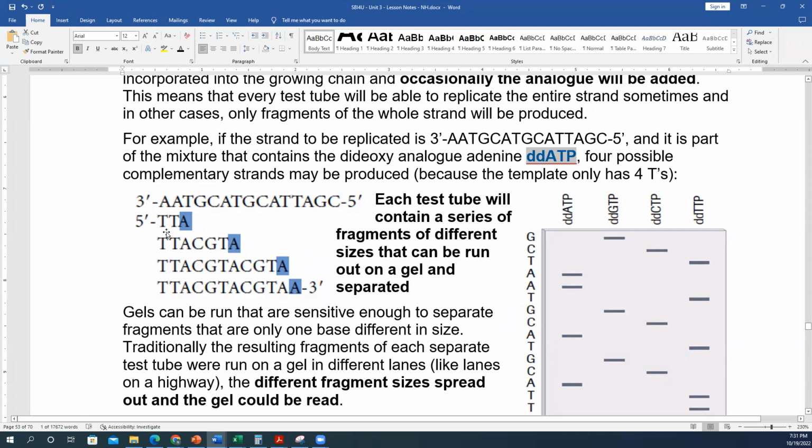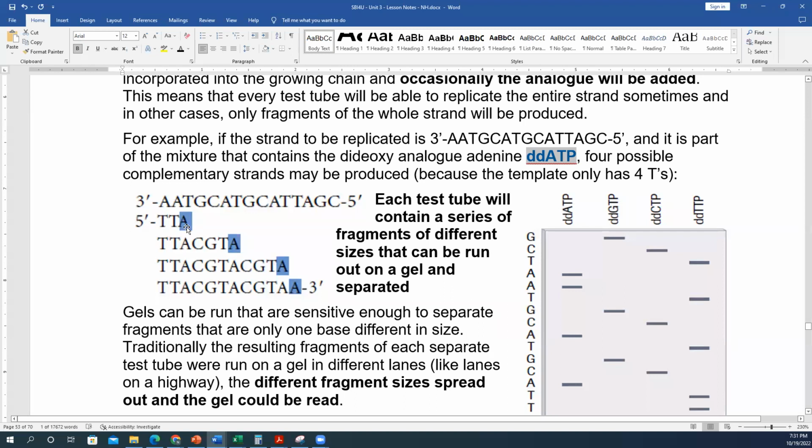If DNA polymerase comes and binds and starts to copy, it will copy using T, and at this T it'll add an A. If it adds a regular A, it will be able to keep on going. But if it happens to grab one of these dideoxy ATPs, then it stops. It cannot keep extending that chain. So you will end up with a fragment that has stopped about there. But this will happen infrequently.